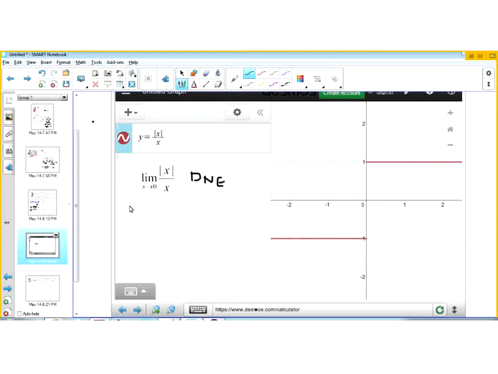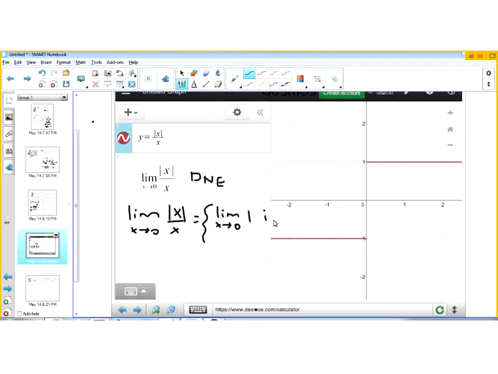And the way we can deal with this is we can replace absolute value of x with its definition. We reformat the rational function into one without absolute value, right?